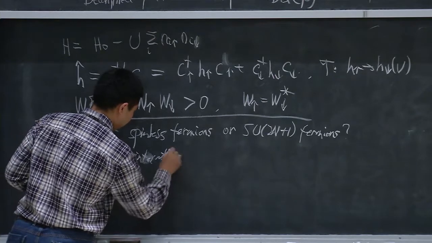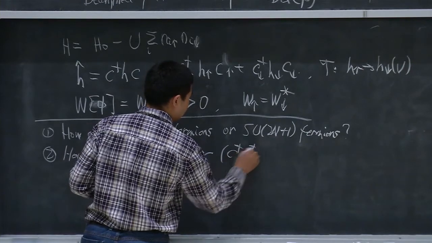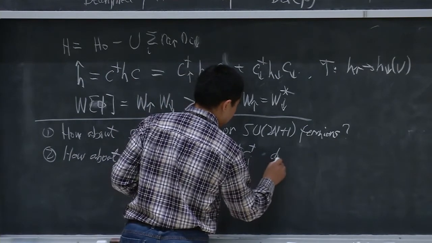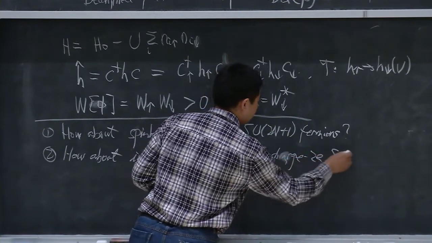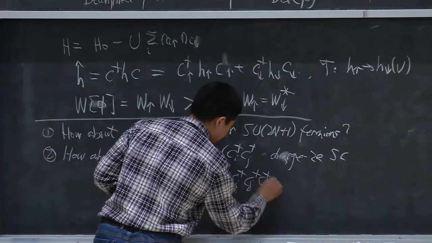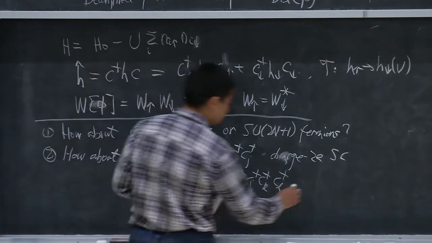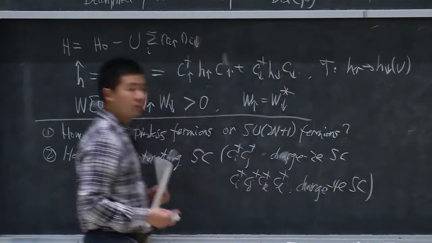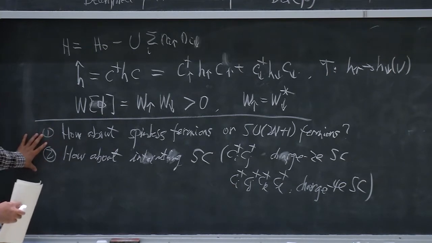For instance, the model has a C dagger C dagger term, which describes charge-2e superconductivity, or even more exotic, the model can have a C dagger C dagger C dagger C dagger term, which is a mean-field description of charge-4e superconductors.